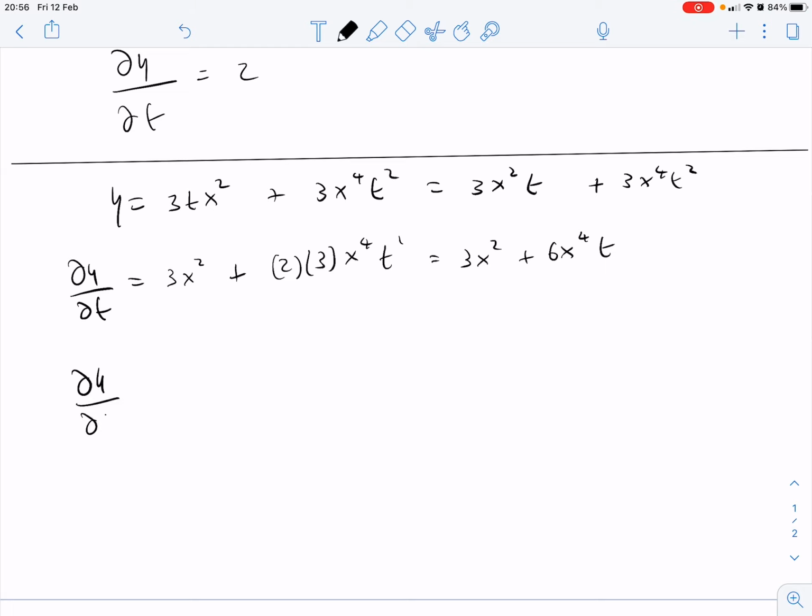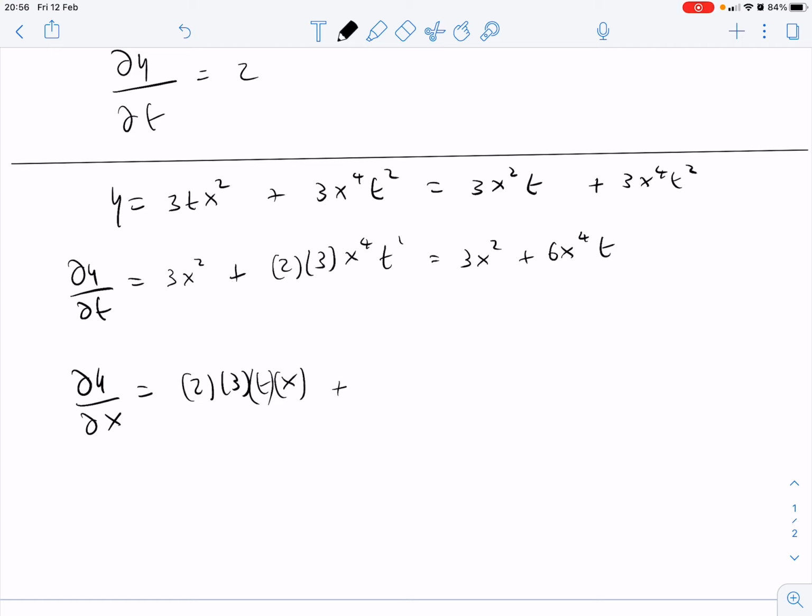Partial y, partial x. The t is a constant term, remember that. We bring the 2 in front, so that's 2 lots of 3, t stays there as a constant term, and we knock a power off the x. Put them all in brackets to symbolize that we're multiplying them together.